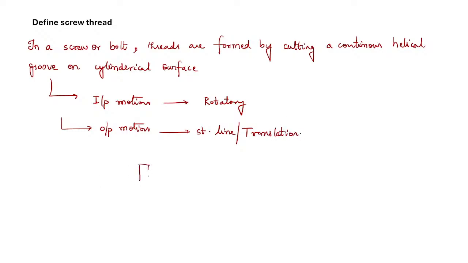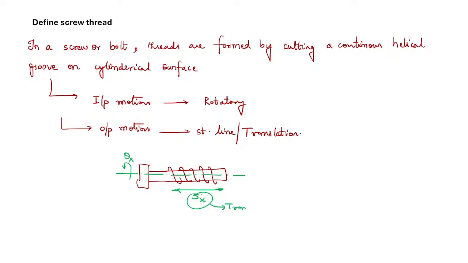So here, on the cylindrical surface, if a helical groove is being cut, when the input motion is given about the x-axis, let's call it theta x, due to this input motion, the screw or bolt advances in x direction, that is translation in x direction, and this is rotation.